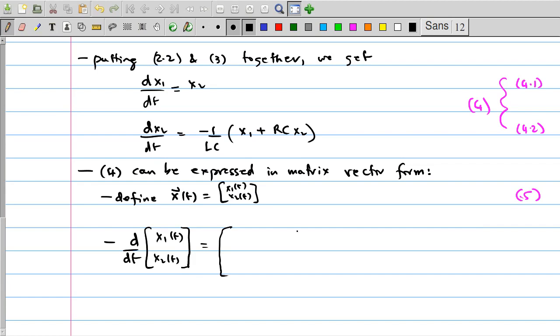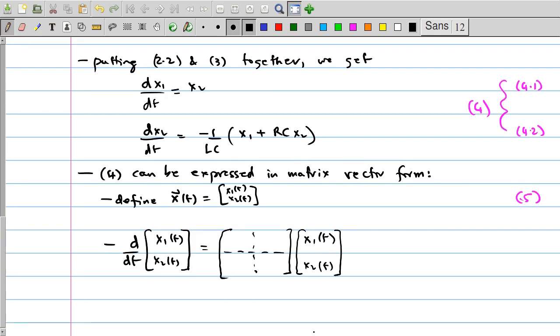Now we have to be a little careful just to make sure there's no mistake. Put the x1 over here and the x2 there, as a function of time. The first row is 0 here, 1 there.